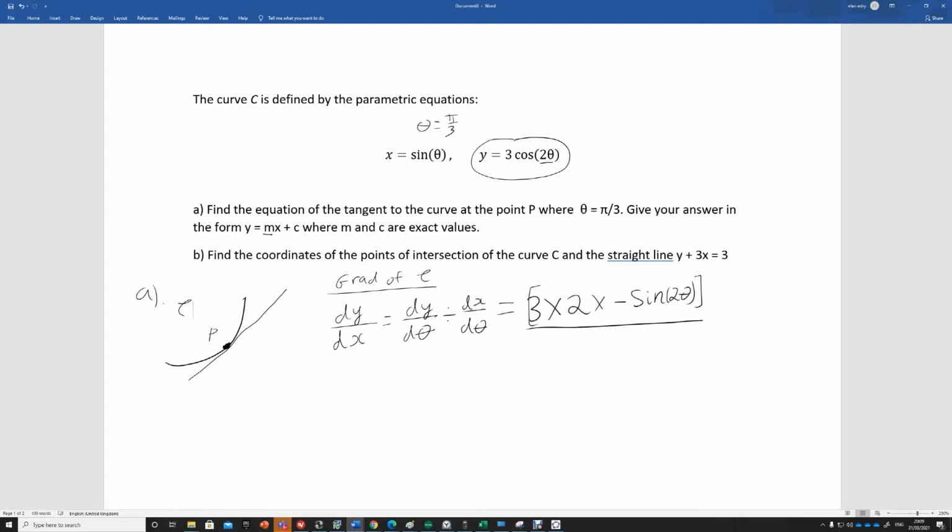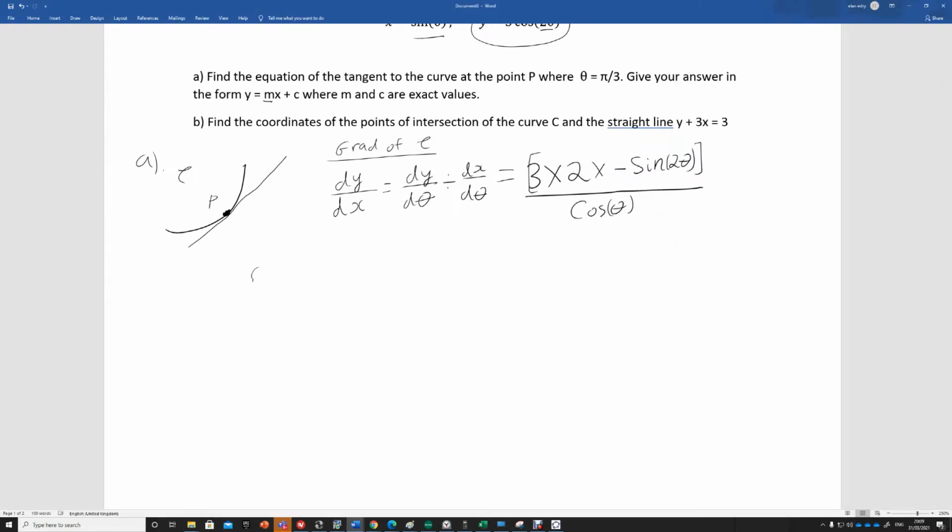All of that needs to be divided by dx by d theta, which is a very easy cos theta. I've just done dx by d theta. So we have dy by dx is equal to 3 times 2 times minus 1 is minus 6, so I have minus 6 sine 2 theta over cos theta.